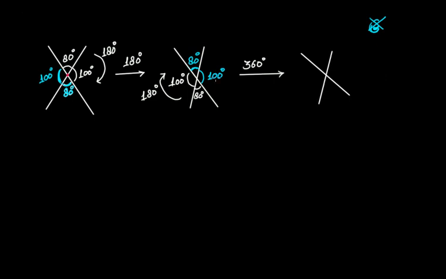This 100 degrees will move to its initial position, and this 80 degrees will again come here. This 80 degrees will come to its initial position from where it had started, and this one will be here, that is 100 degrees. So at 180 degrees we have rotational symmetry, and at 360 degrees we have rotational symmetry.